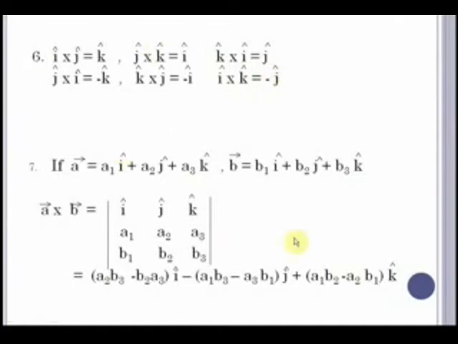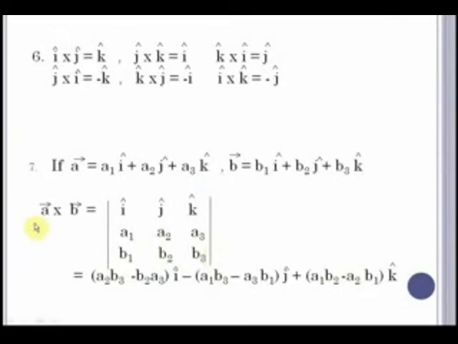The seventh property is if vector A is equal to A1 I cap plus A2 J cap plus A3 K cap, and vector B is equal to B1 I cap plus B2 J cap plus B3 K cap, then A cross B is equal to the determinant, the elements of which are I cap, J cap, K cap, A1, A2, A3 and B1, B2, B3.